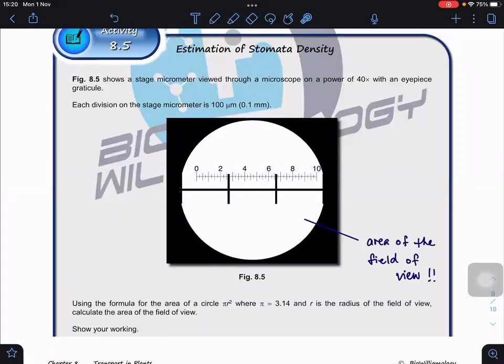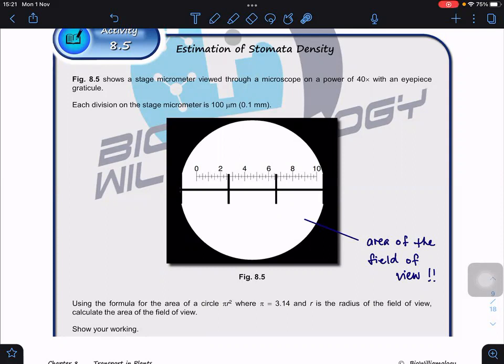Now, sometimes a question may provide you with more information than what you need. So you have to actually select the information. For example, in this question, we do not need the eyepiece graticule at all. You do not need to calibrate the eyepiece graticule either. It is useless, okay?